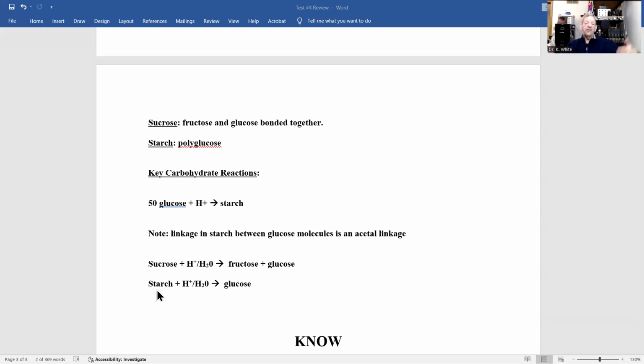And starch, which is many glucose molecules bond together by acetal linkage, that is acid and water reacts, breaks the acetal, and you get glucose, which is why it's the most abundant sugar and found in your bloodstream, your body breaking down carbohydrates.